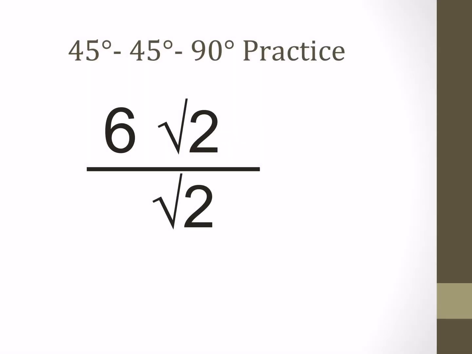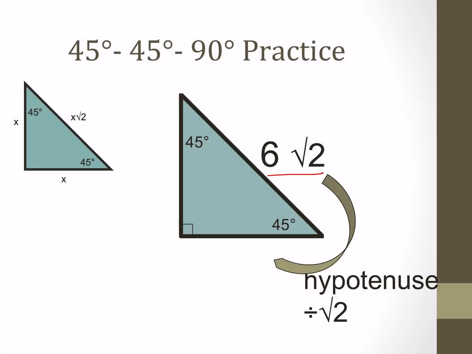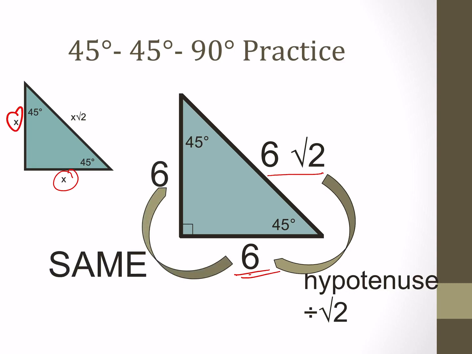So doing that, guess what cancels out? Your radical 2's. So you're just left with 6. So in this particular case, you have a hypotenuse of 6 radical 2. You divide by radical 2 and you're left with 6. Okay, so if this x is 6, well, what's this x got to be? Has to be the same. So that is also 6.